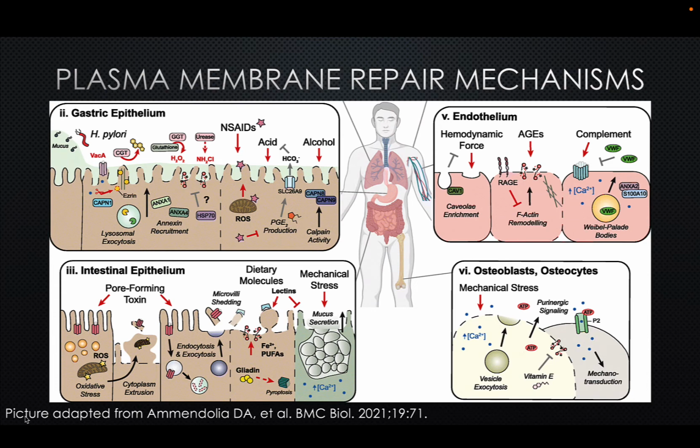Once that barrier is weakened, this often precedes cellular injury by things like the H. pylori pathogen and amphipathic molecules like NSAIDs and alcohol. In the picture, we see physical breaches caused by pore-forming toxins and chemical disruptions, including cholesterol extraction and lipid peroxidation, which are pictured here.